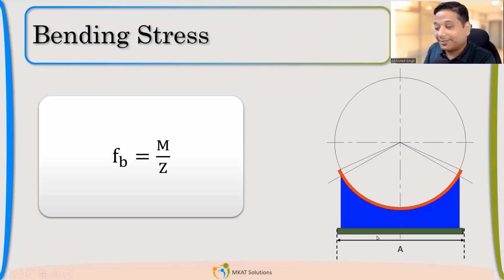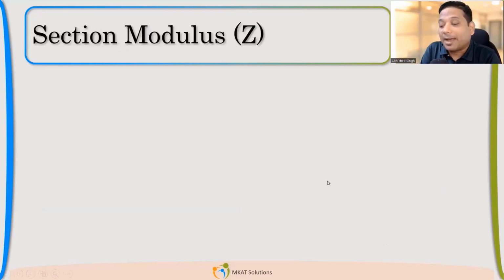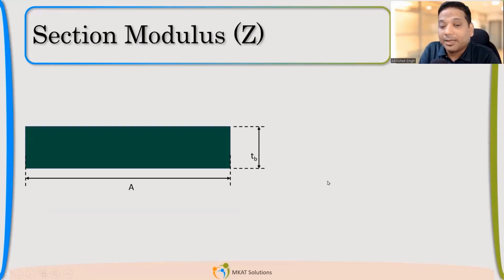This is the rectangle which is going in bending, so I need the section modulus of that shape. A is the total length and TB is the thickness of the base plate. Y is the distance to the neutral axis, which is basically TB by 2.